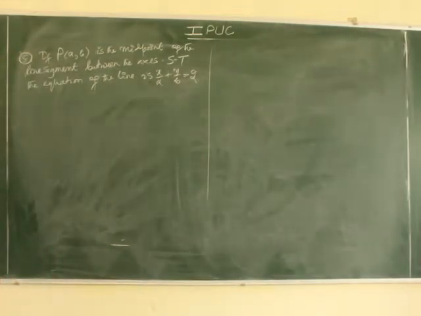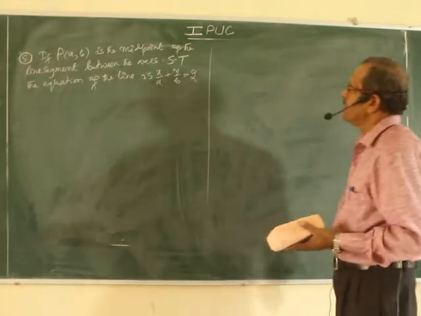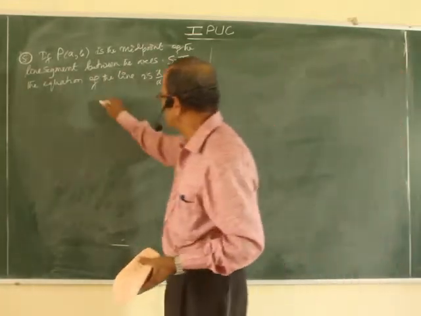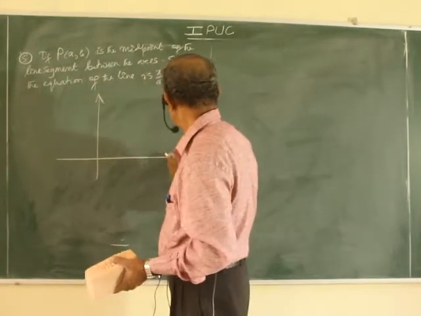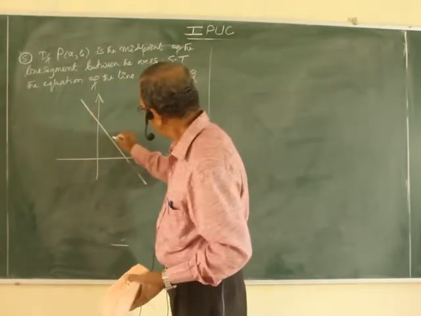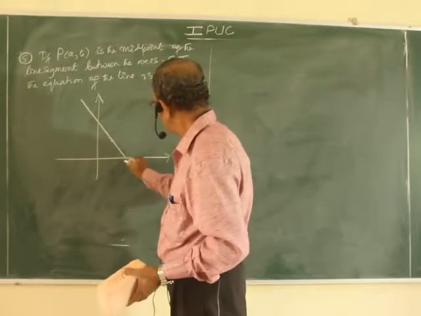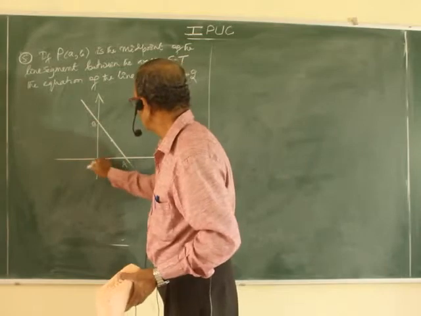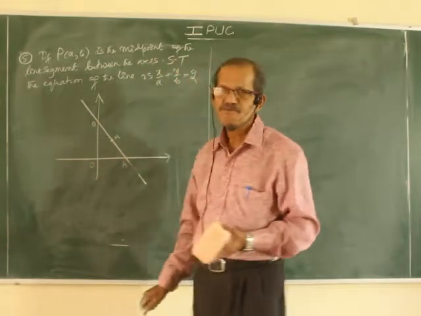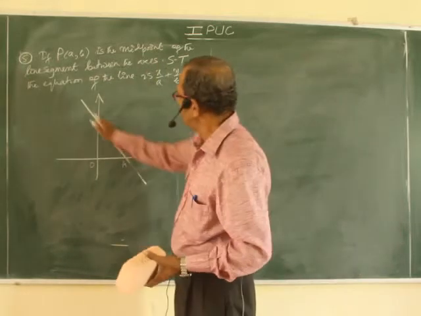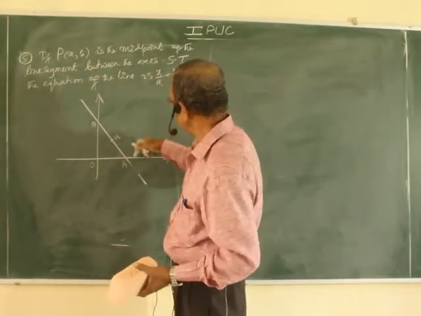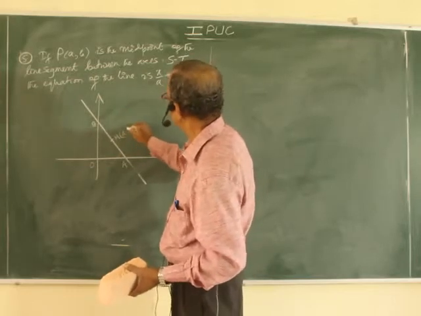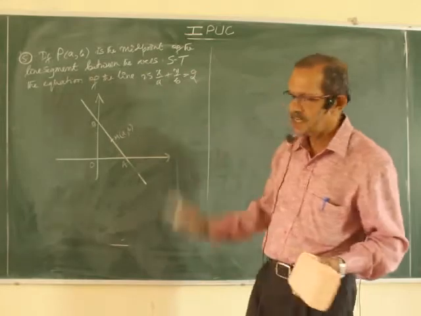Read the problem again. If P(a, b) is the midpoint of the line segment between the axes, A, B, origin, this is the midpoint M. What they have given is the midpoint of the line segment between the axes, A, B. Find the equation of the line.